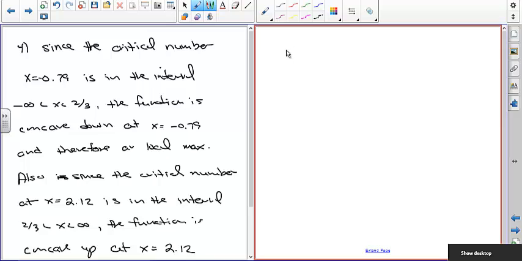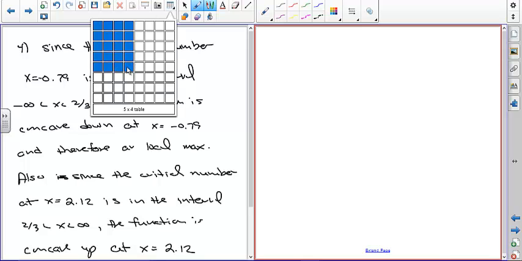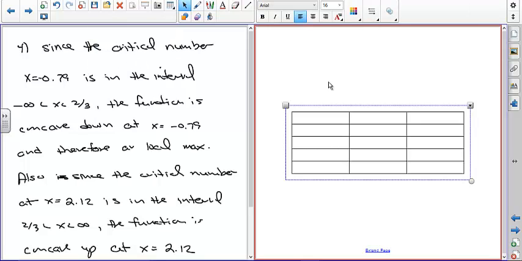So let's make up a table. And the table probably is going to have the sign of the acceleration, the concavity of the position curve, the sign of the velocity, and what it is doing. Okay, so I need at least 3 columns, and I need 5 rows.